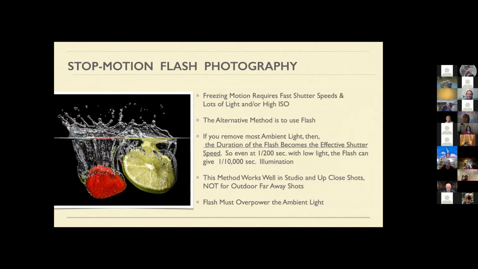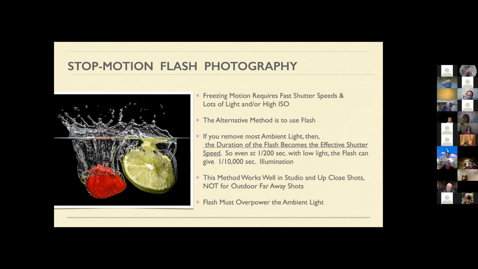So freezing motion, under any circumstances, requires a fast shutter speed and lots of light and possibly a high ISO. If you don't have those things, a great alternative method is to use flash. If you remove most of the ambient light, then the duration of the flash, interestingly enough, becomes the effective shutter speed.